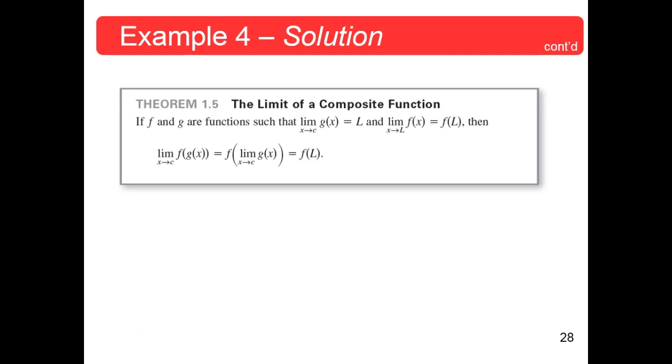See, what you can do here is interchange the limit and the function and do f of the limit of g of x as x approaches c. Well, you know that is L, so that's f of L. It almost feels like you're doing circular reasoning here. You're not, but it seems awfully close to it.